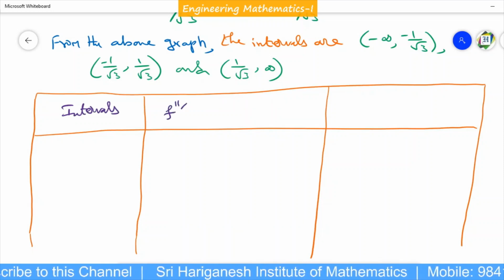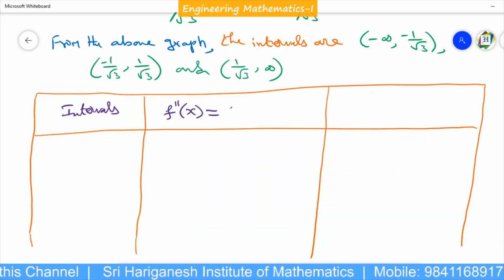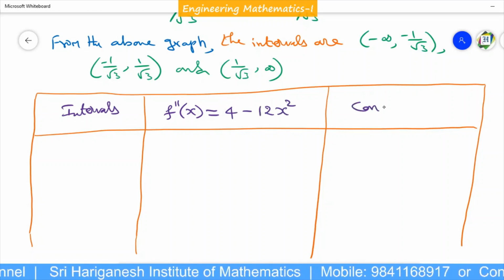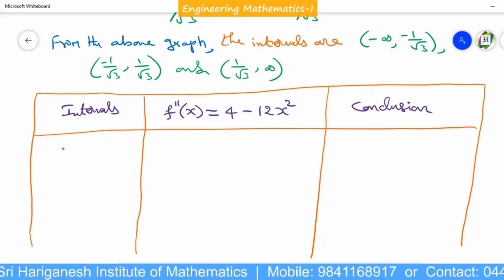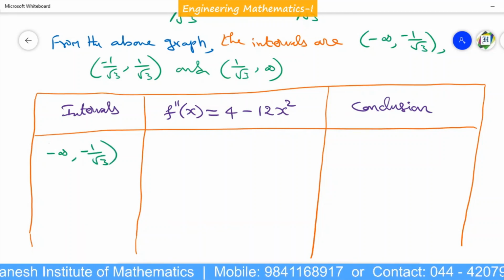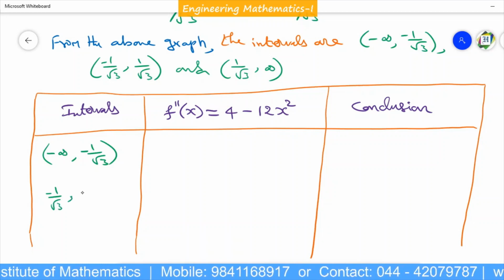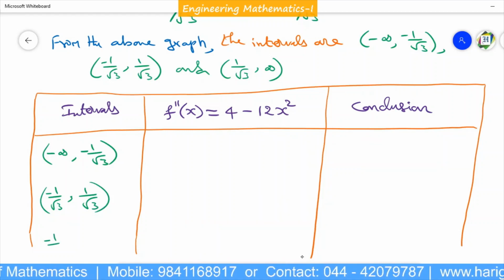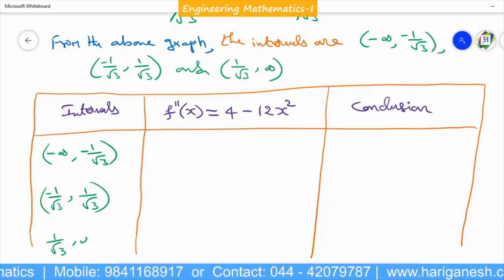We have to take f double dash of x here. For the concavity test, I want to discuss the second derivative, so 4 minus 12x square, and conclusion. Put all the intervals. First interval minus infinity to minus 1 by root 3. Next interval minus 1 by root 3 to plus 1 by root 3. The last interval 1 by root 3 to infinity.